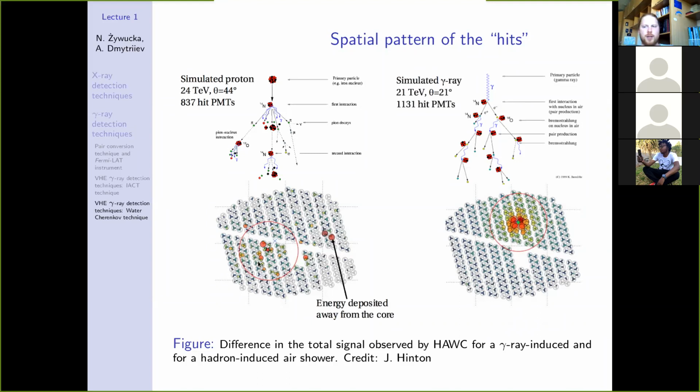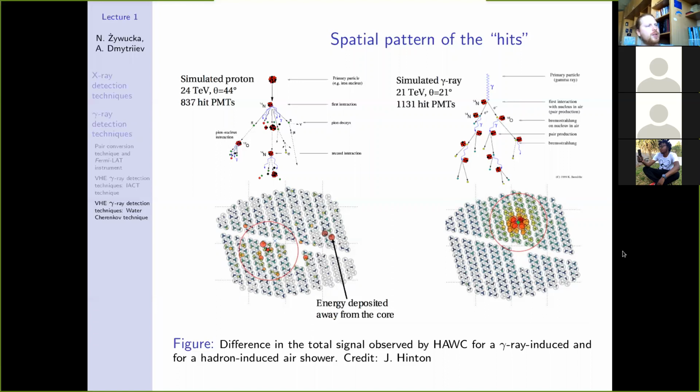While for a gamma ray, most of the shower particles will fall in a concentrated circle around the core, so the triggered detectors will be in a much narrower area than in the case of a hadron. This difference in the spatial pattern of interaction on the ground is used to discriminate.